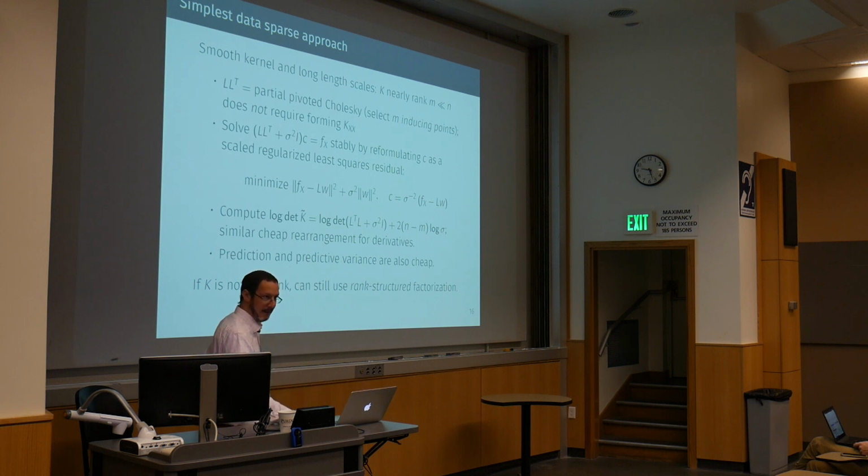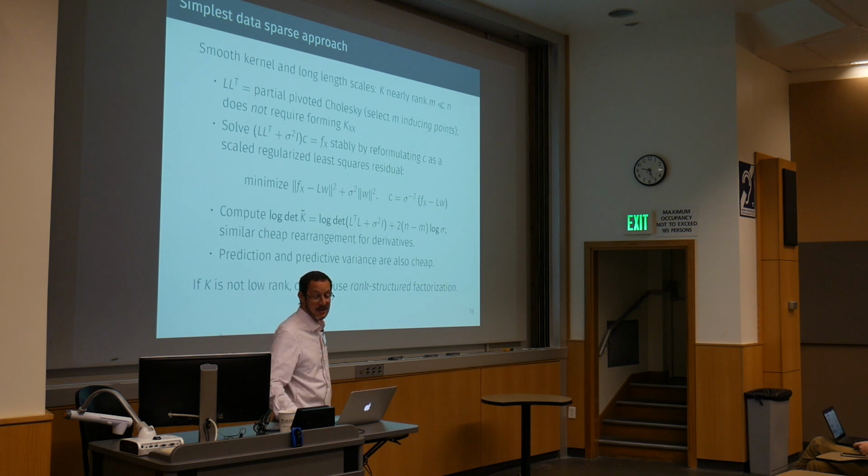You just need to be able to get the diagonal and the diagonal of the Schur complement. So you can do this in order n times m squared, where m is the rank that you're going for. So you never need to do anything that's n squared.